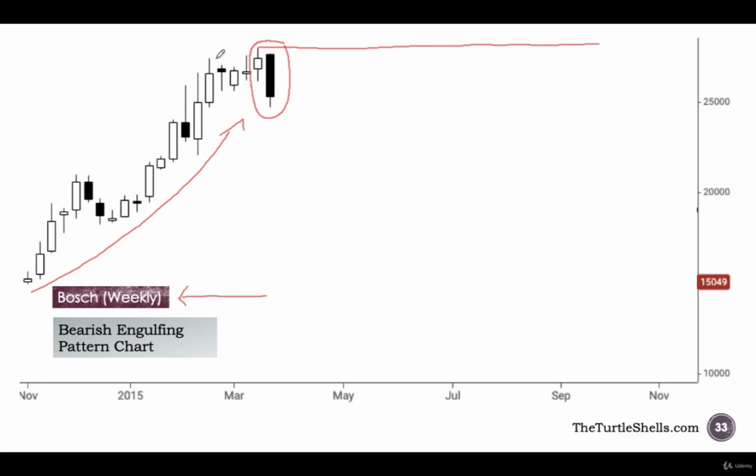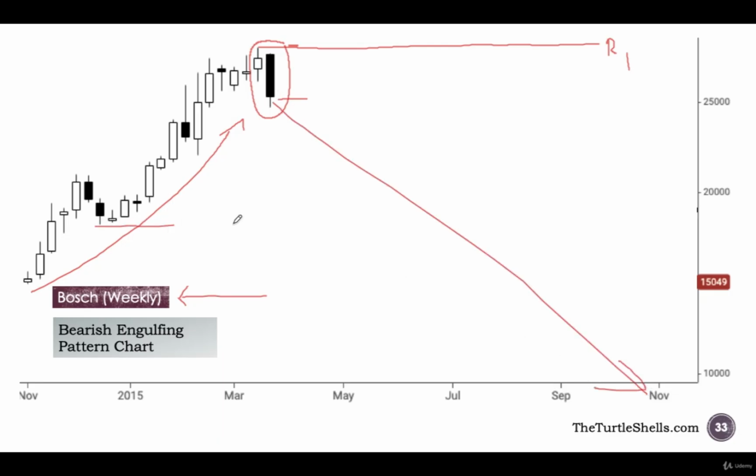If we think that this was our resistance line, that has been broken already, because you now have the bearish engulfing pattern and you have a new resistance line. So let me call that R1. If I take a short position here and I keep my stop loss above R1, I can expect the price to go down from here.